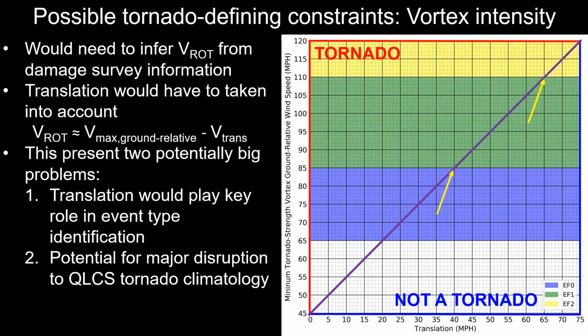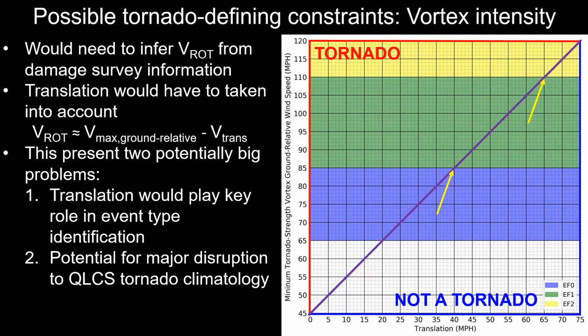And if you look at the second arrow, that's at 65 miles an hour. That's the breakpoint. At 65 miles an hour, your minimum wind speed would have to be around 110 miles an hour. So once you get into these cases, especially those that we see down here in Dixie sometimes, where we can have QLTS moving 65, even 70 miles an hour on occasion, you would never be able to have an EF0 or an EF1 tornado.